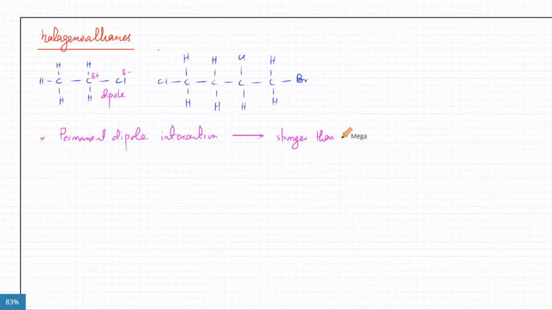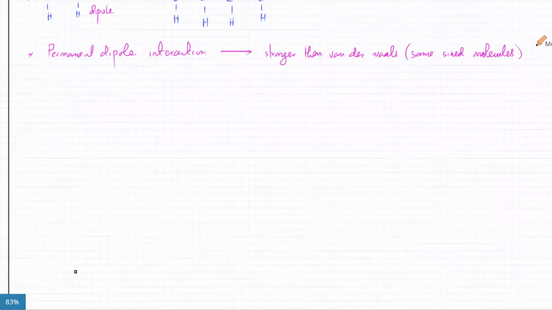As long as it's the same size molecule. Because remember, van der Waals forces increase with size. So you have to be careful about this. In same size molecules, they're relatively stronger than van der Waals forces.